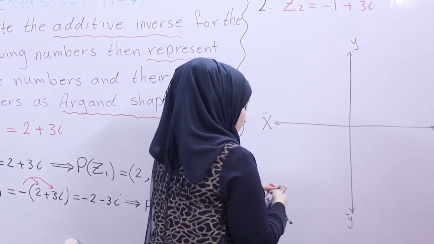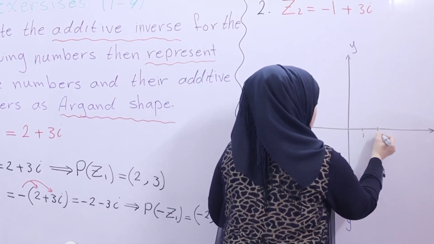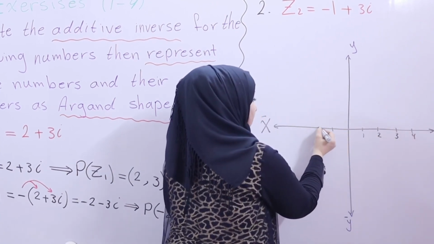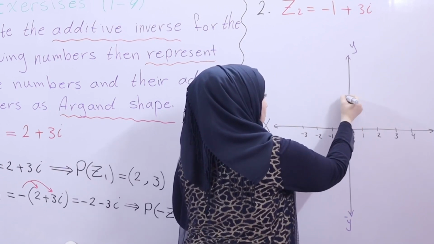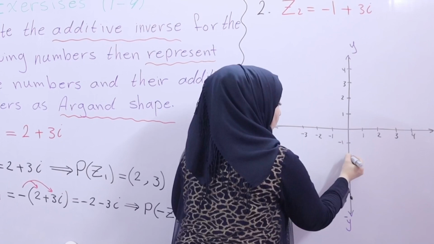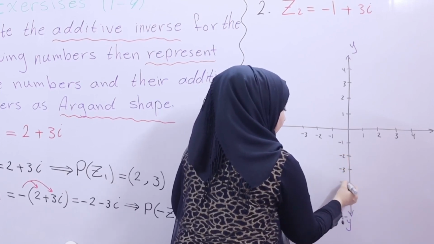And now we can write the numbers on it. 1, 2, 3, 4. Here we have negative 1, negative 2, negative 3, 1, 2, 3, 4, and in this side it will be the negative of y axis.